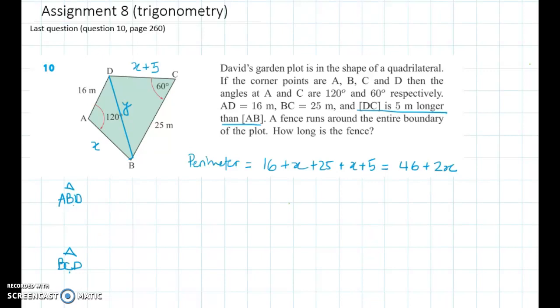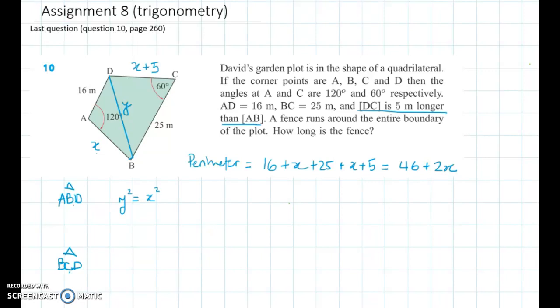So I'm going to try to write an equation for the triangle ABD. And let's say we want to write what is Y. Well, we can apply the cosine law in its first version, and then we can say that the square of Y is going to be given by the sum of the squares of the other two sides, so X and 16.